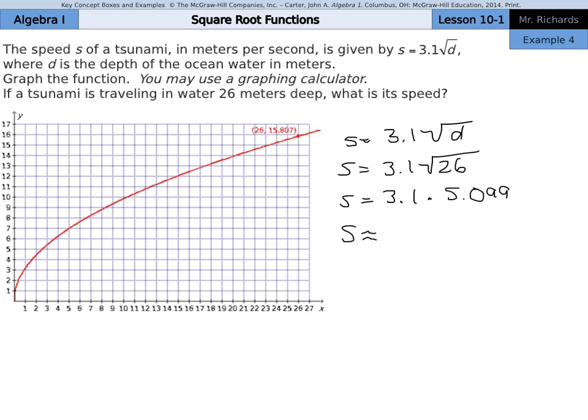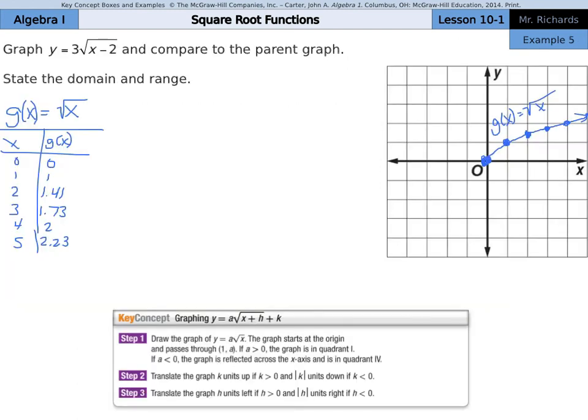So our speed is going to be about 15.8 meters per second. So you could substitute into your function and also graph your function to come up with the answers. So as we look at our last example for this lesson, graph y equals 3 times the square root of x minus 2 and compare to the parent graph.